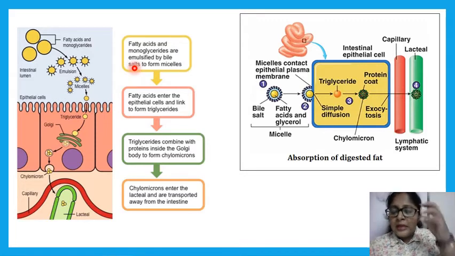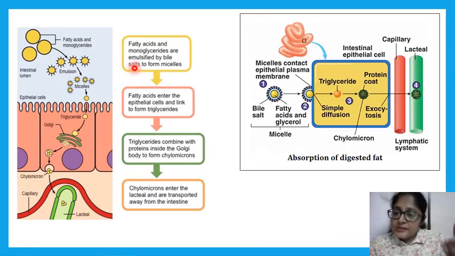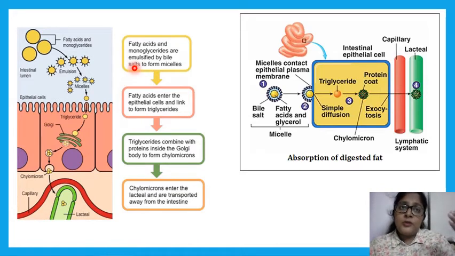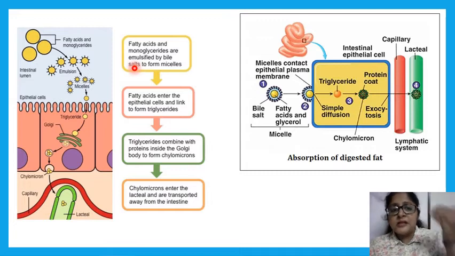Now the thing in micelle is that it is continuously being formed and again broken down, again being formed and again breakdown takes place. Why? Because micelle is only required to make them absorb through the villi of the epithelial cell. Just to do that, micelle is required.